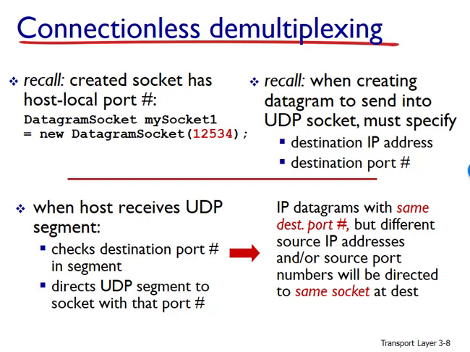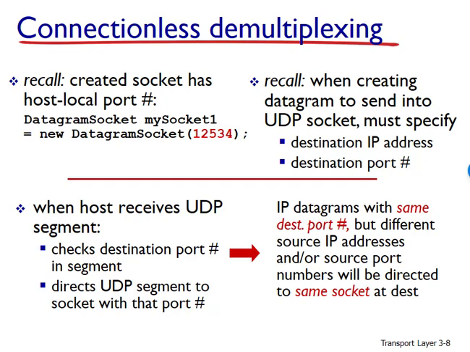Suppose a process in host A with UDP port 19157 wants to send a chunk of application data to the process with UDP port 46428 in host B. The transport layer in host A creates a transport layer segment that includes the application data, the source port number 19157, the destination port number 46428, and two other values which we'll talk about later.